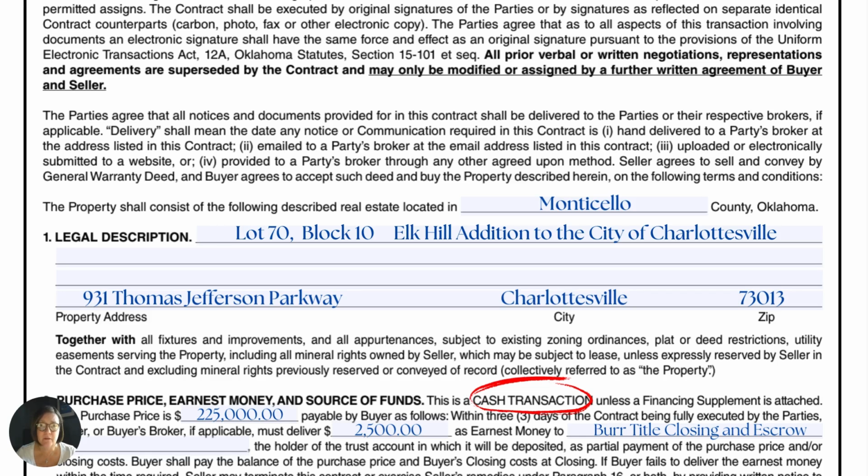And then remember that at Epic Realty, all earnest money is held at the title company. So the buyer and or buyer's agent are going to be responsible for getting the earnest money to the title company and getting that receipt turned in to the lender. Title should have it, but then the cooperating broker as well.